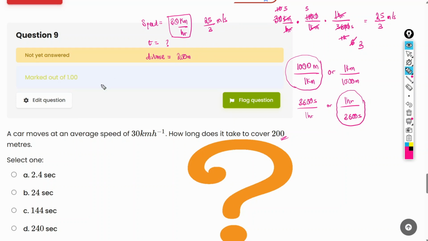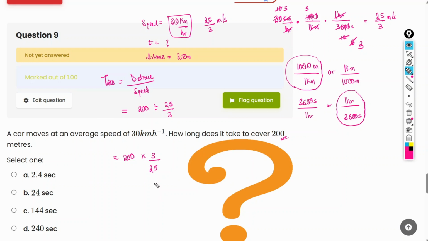All right. So to get my time is what? Time is equal to distance over speed, or distance divided by speed. That would be 200 divided by what? 25 over 3. All right, so that's distance divided by the value for speed, which I can rewrite as 200 times 3 over 25.